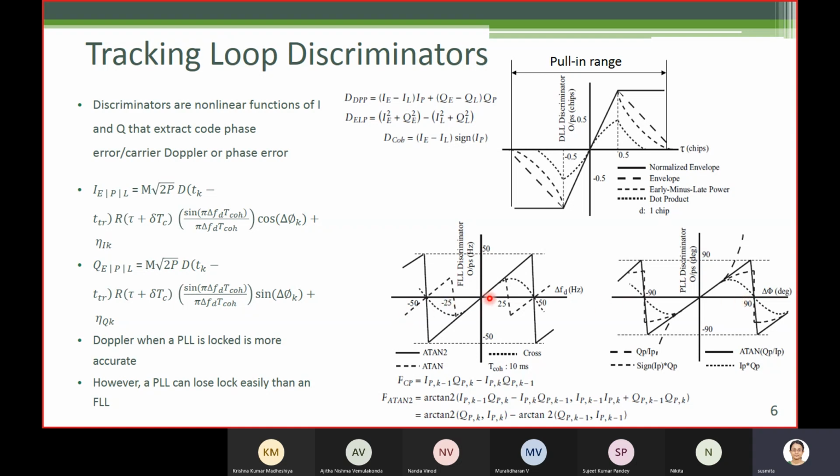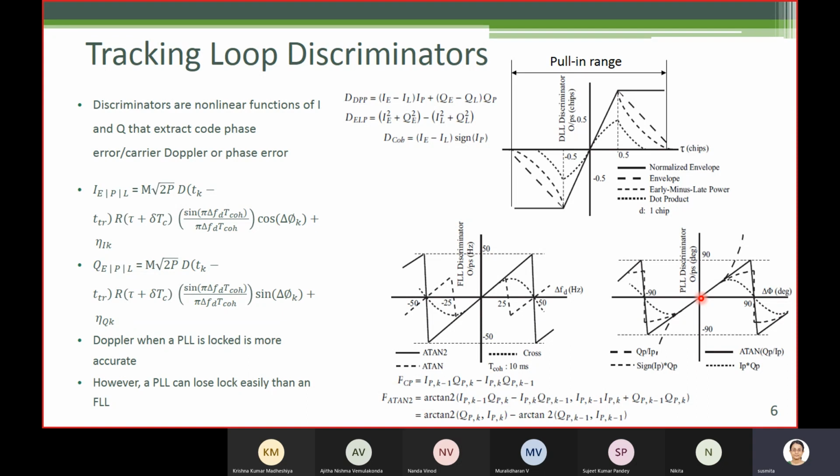Here we can tolerate higher error because the pulling range is a few tens of cycles, whereas here the pulling range is within a quarter cycle. So the PLL tolerates much less error. By design, the discriminator tolerates much less error, which implies it is more accurate.